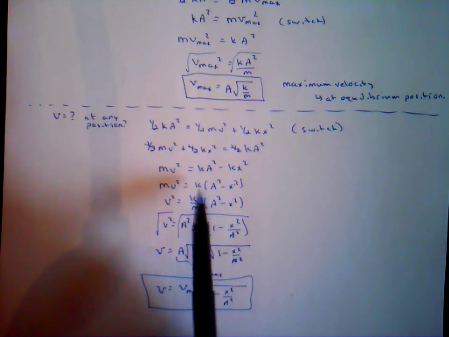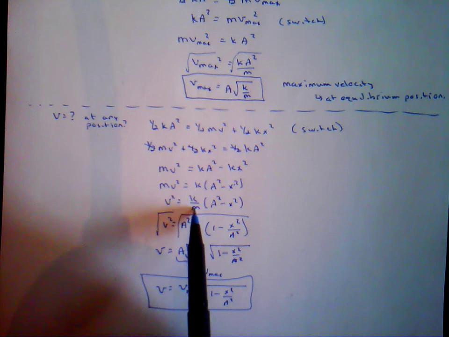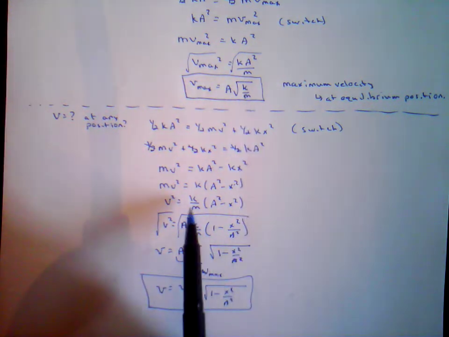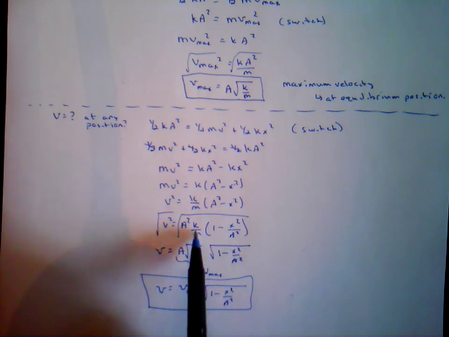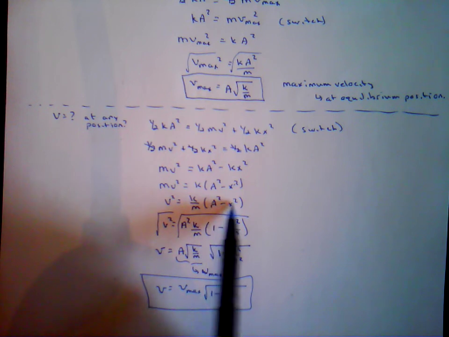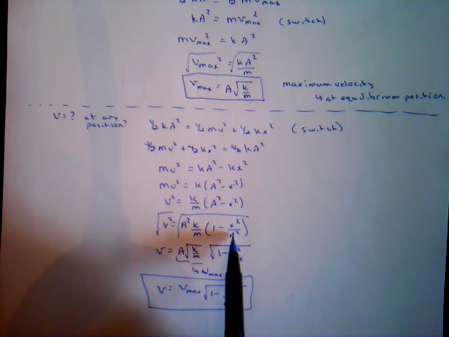I factor out the k here, and then divide both sides of the equation by m. Here's k over m, which is in the maximum velocity equation. And then I'm going to factor out this A squared. This becomes A squared times k over m, times 1 minus x squared over A squared.